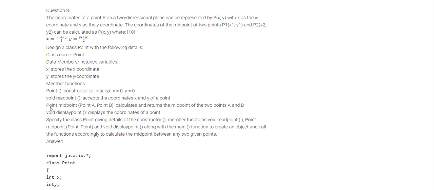This is a very important thing you should understand: which type of value it will return. It returns a Point type of value, and it has two arguments, Point A and Point B. Two class type arguments means two objects will be passed as arguments. It calculates and returns the midpoint of the two points A and B.